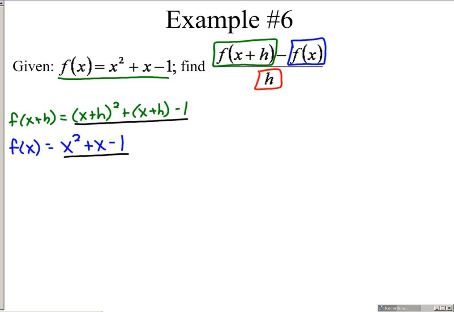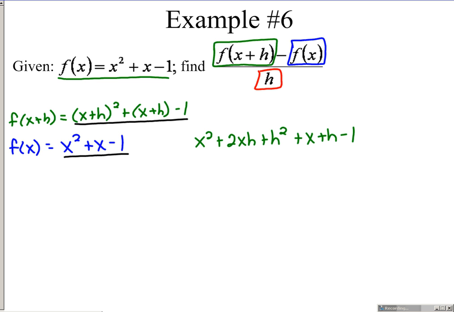As I do that, I'm going to begin foiling this out. So we have x squared plus 2xh plus h squared plus x plus h minus 1.